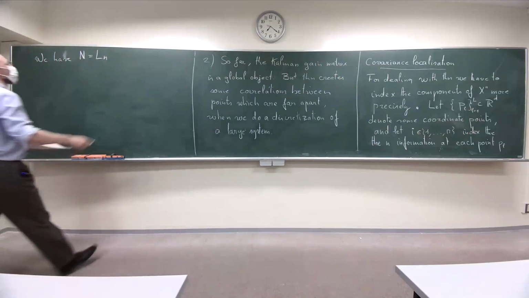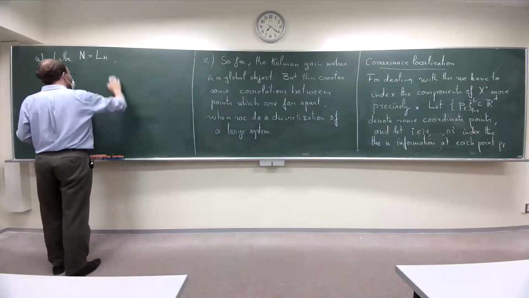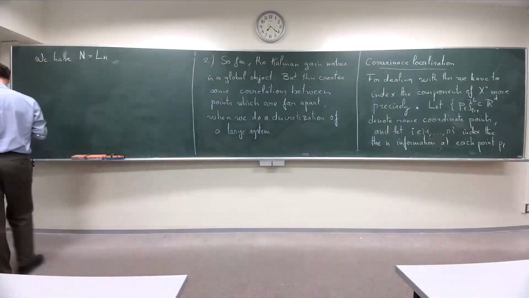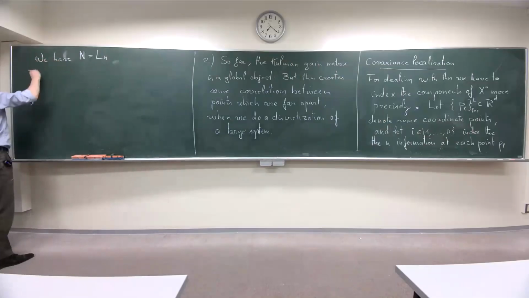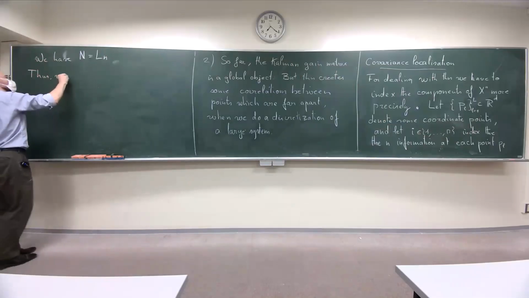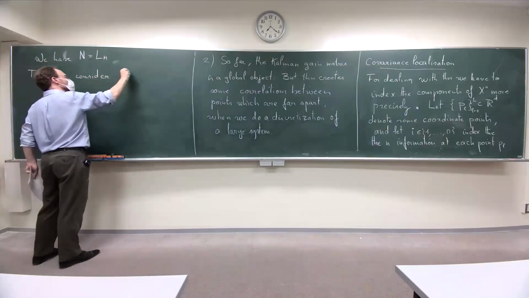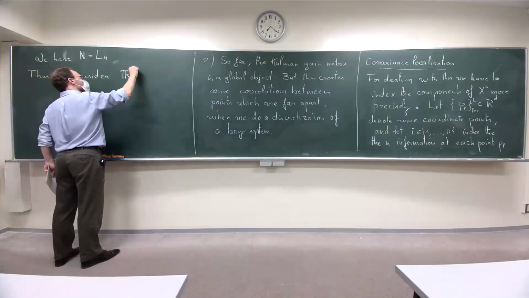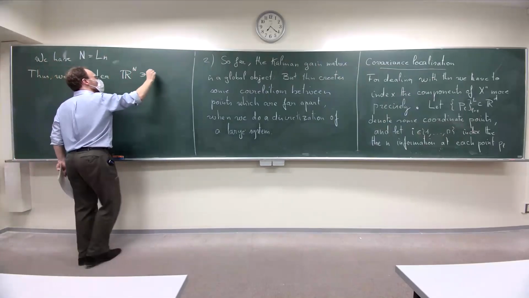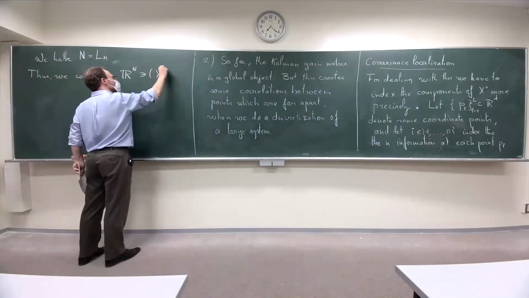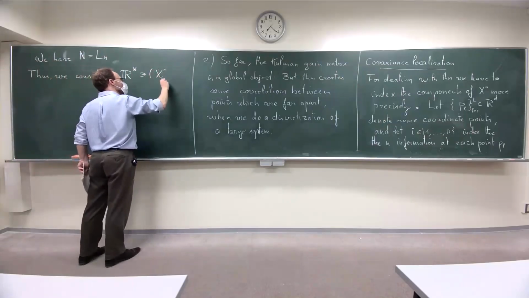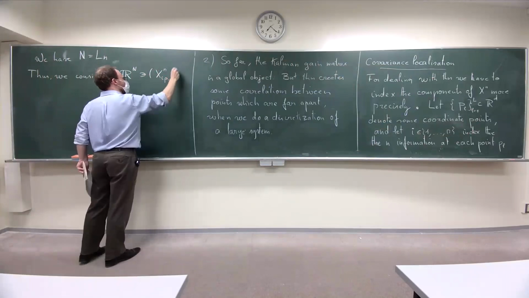And then I'm going to consider this vector in R^N, which I will write as x_n with the index (p_l, i).